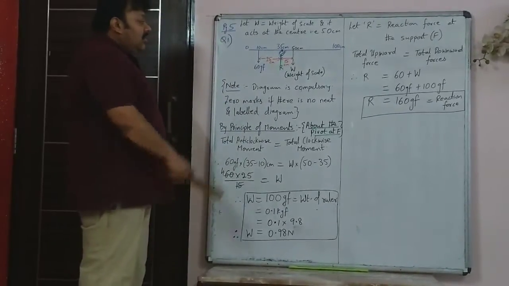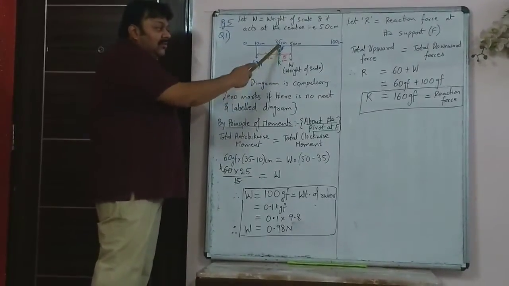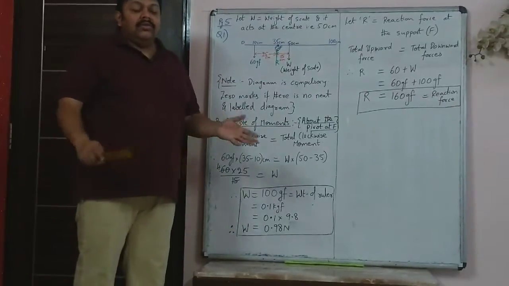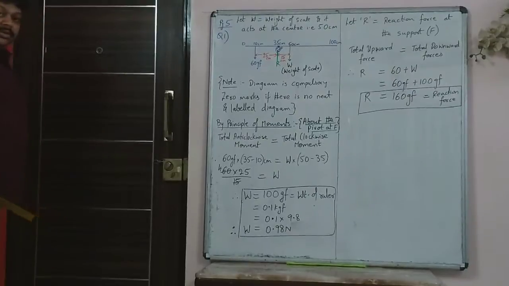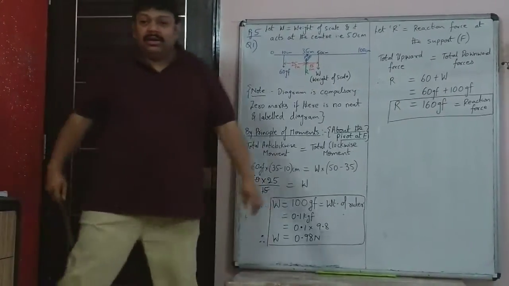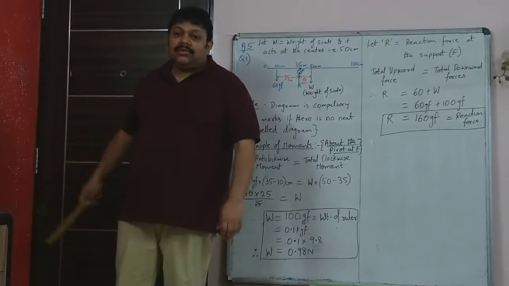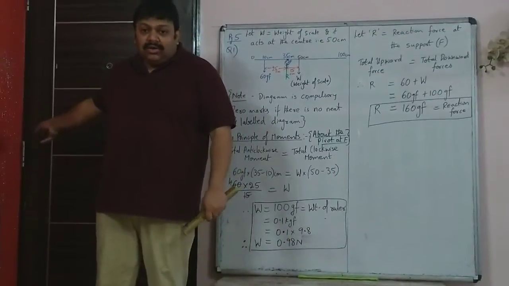So now for the total anti-clockwise moment, what about R? R is acting at the pivot itself, so it does not produce any moment. It is like me trying to open this door by pulling the hinges. Is it possible? Can I open the door by pulling the hinges? No, that is not possible. Whatever force you apply, the door will not open.